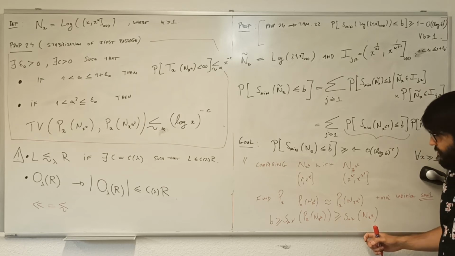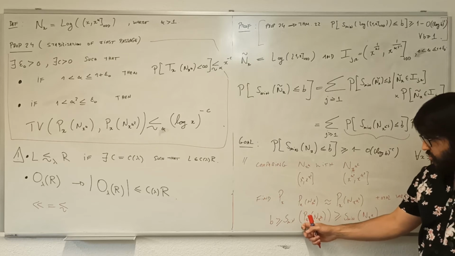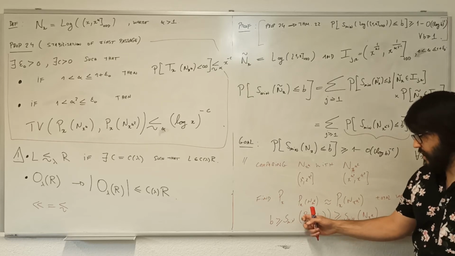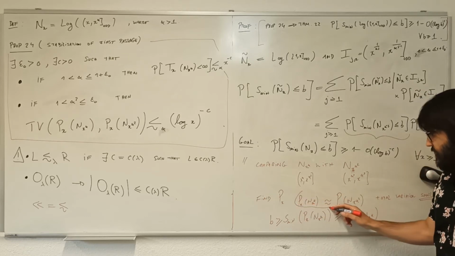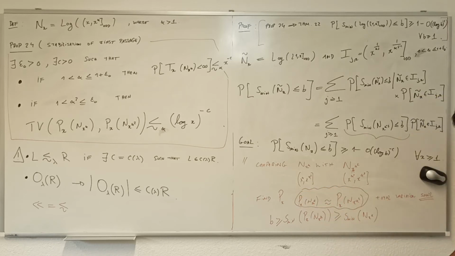But again, since these probability measures here are related, I could say, in some way, that the probability measures of S min being less or equal than b are related.